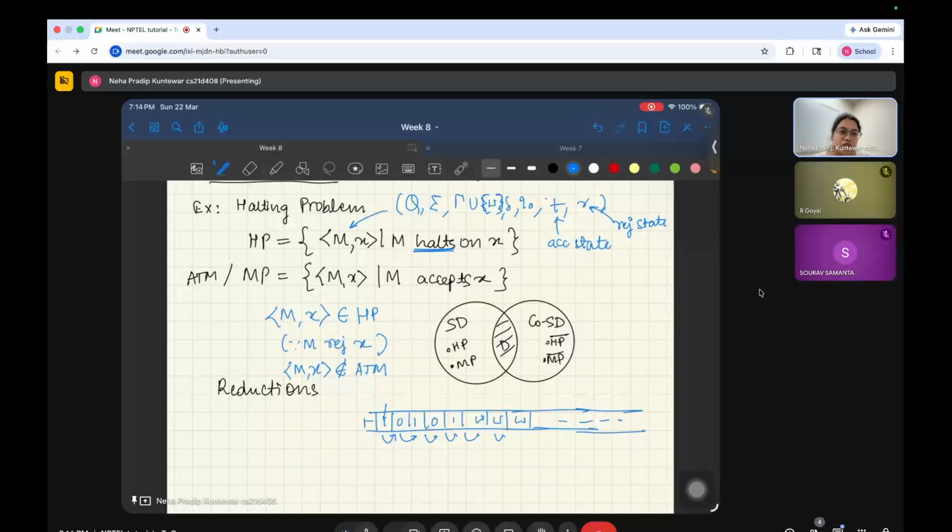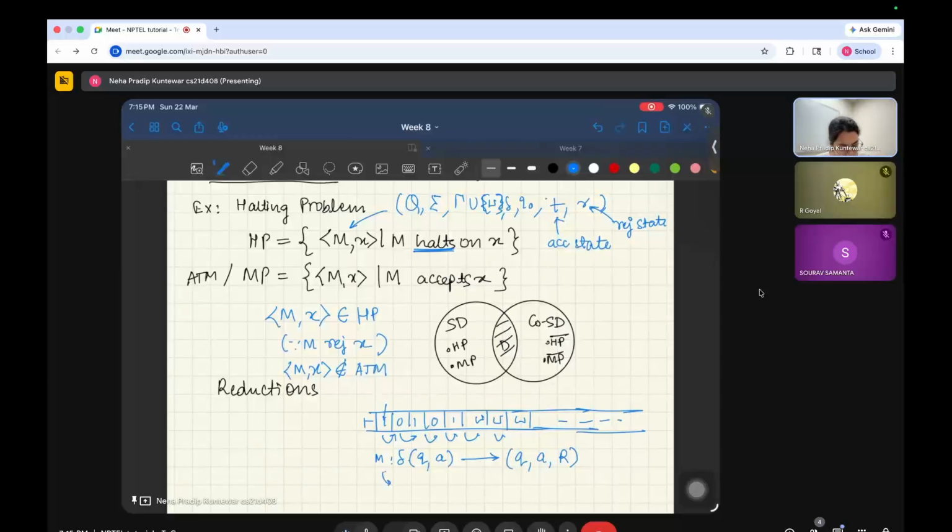So it's not going to stop and say, okay, accept this string or reject this string. It will just keep running forever. For such machines, we say that they do not halt on that particular input. So if this machine M is as follows, no matter what state you are in, no matter what you read, you just keep moving to the right.